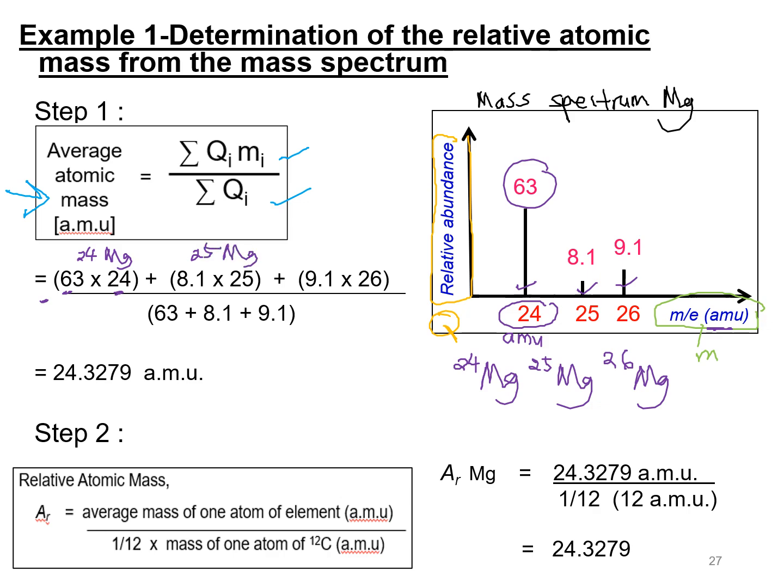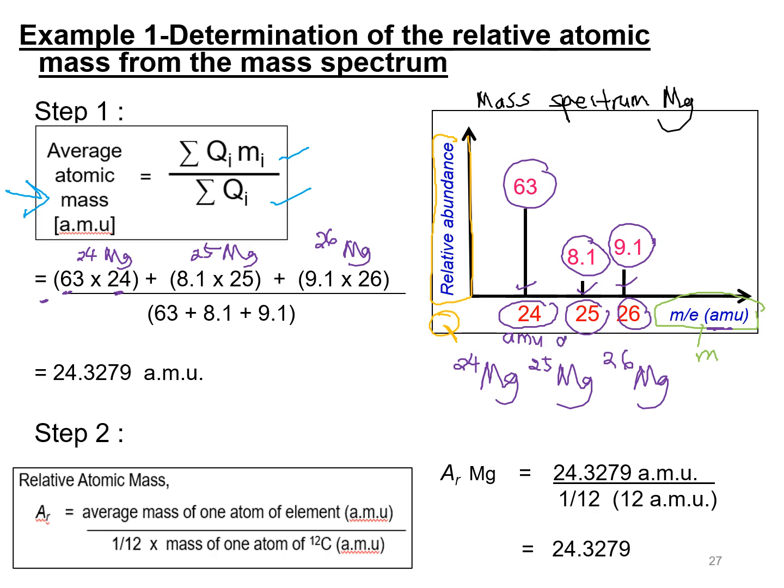Macam 25Mg ni, you tengok kat sini, dia punya relative abundance dia adalah 8.1. Dia punya berat dia adalah 25. So you look at here, 8.1 kalikan dengan 25. Okay, kat sini campurkan dengan 26Mg punya isotop pula. Alright, so you look at here, the relative abundance untuk 26Mg adalah 9.1, and then dia punya berat kat sini adalah 26.